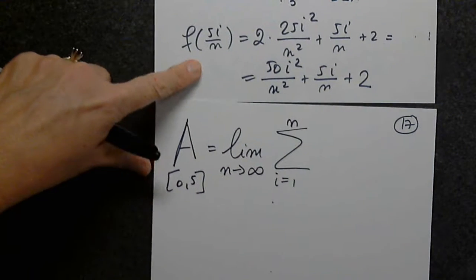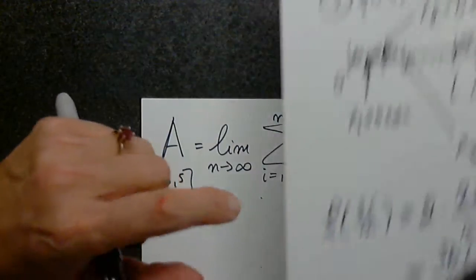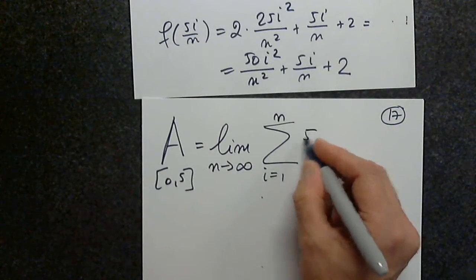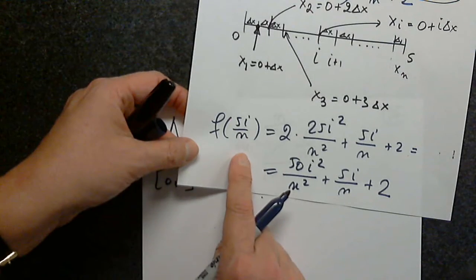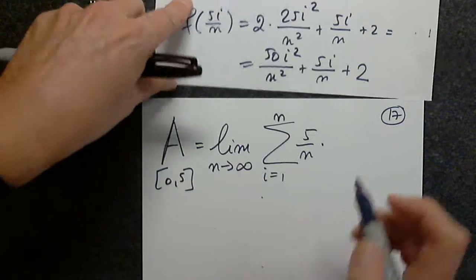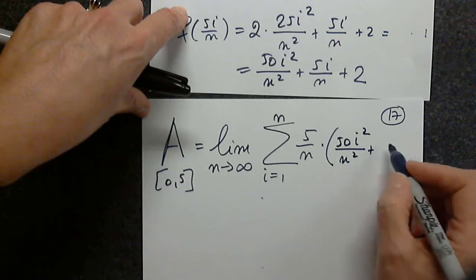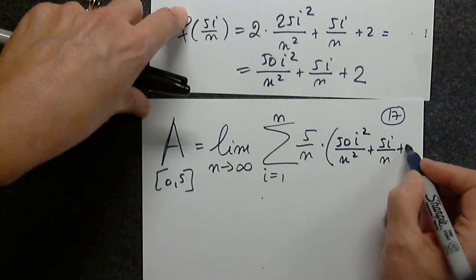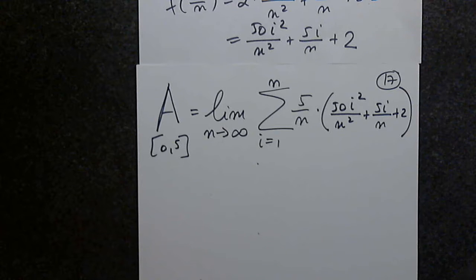What is the base of each subinterval? 5 over n, multiplied by f of xi, which is all this, and I have to put parentheses: in parentheses, 50i squared over n squared plus 5i over n plus 2. Is this done? Far from it.